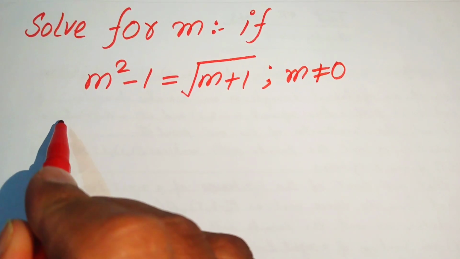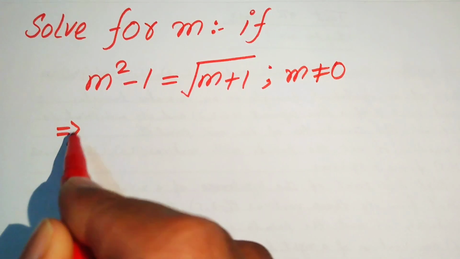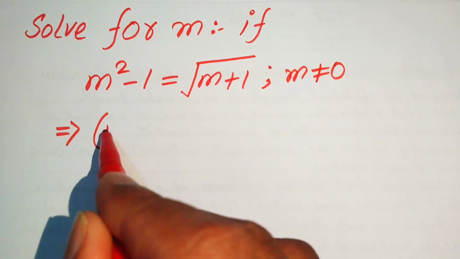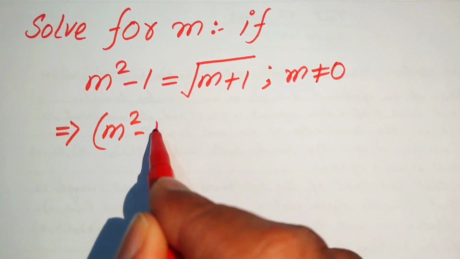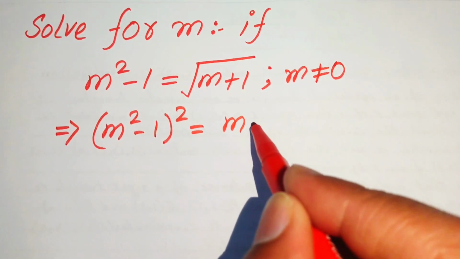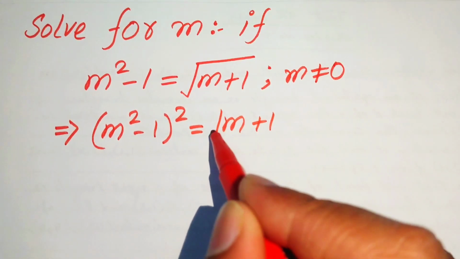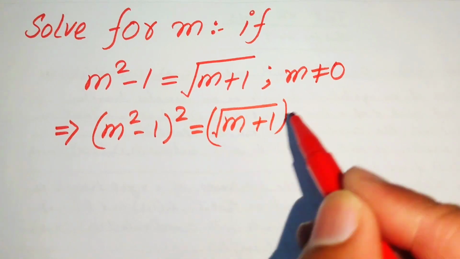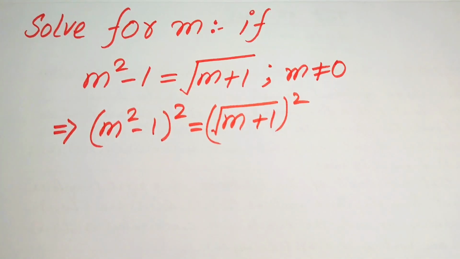First we take a square on both sides of this equation, and it will be written as m squared minus 1 whole squared equals the square root of m plus 1, whole squared.